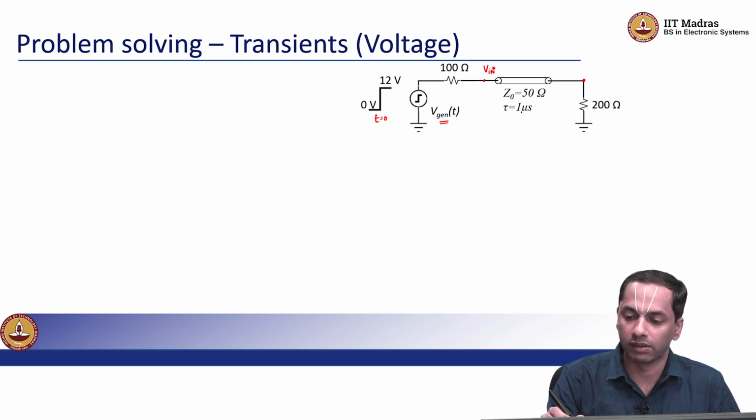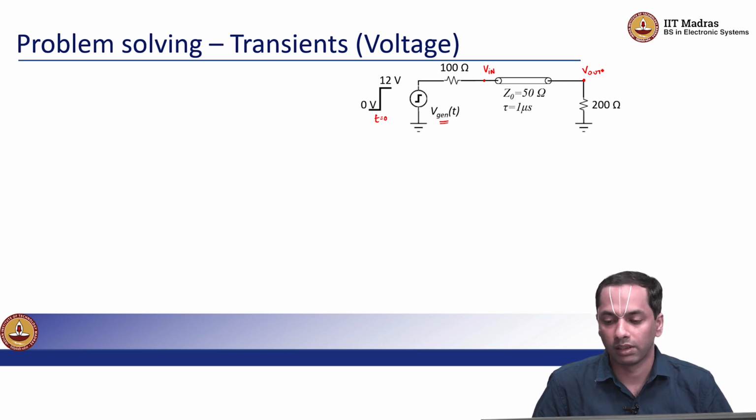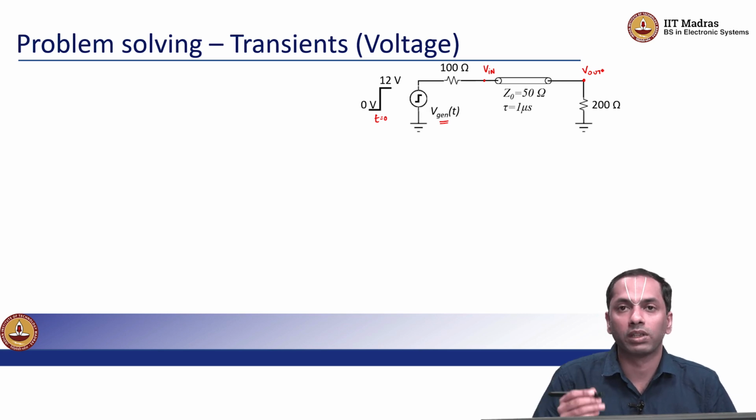We will call this say V in and this V out. If I asked you what is V out and V in at steady state, circuit theory just tells us that the transmission line is a short circuit. So, V in is V out in the long term.